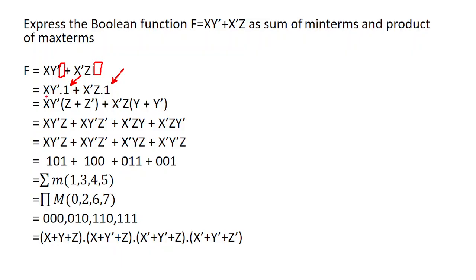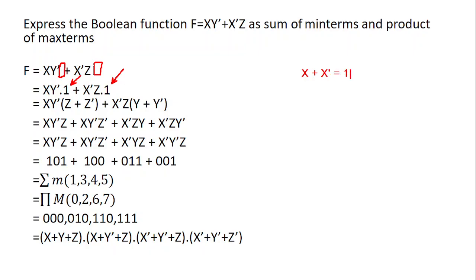It will not, because anything into 1 is the same. Xy dash dot 1 is xy dash. X dash z dot 1 is x dash z. The equation has not changed. Now we know very well that there exists an inverse for x, such that x plus x inverse will always give you 1.